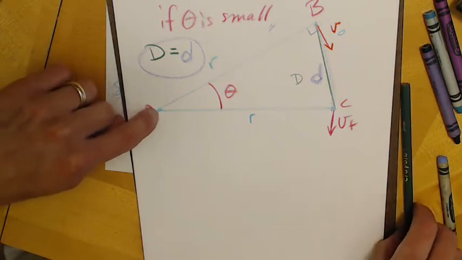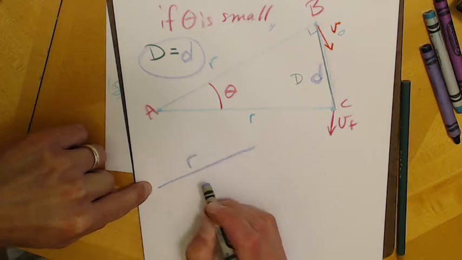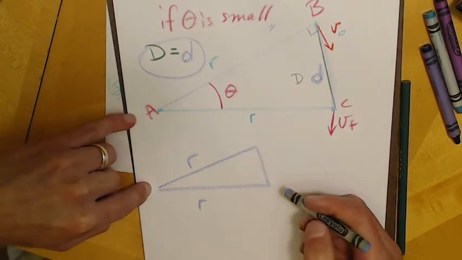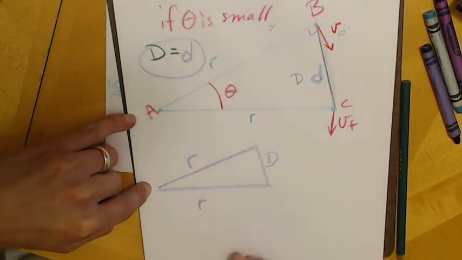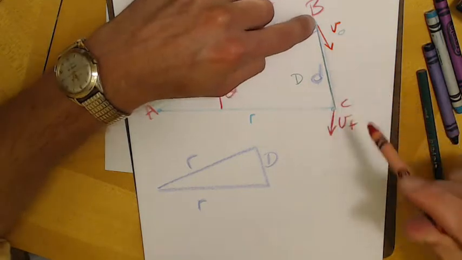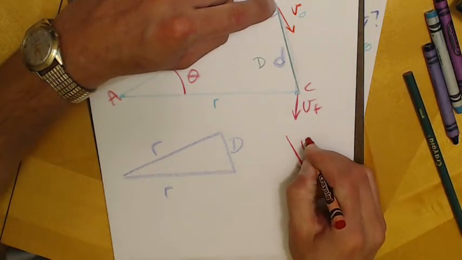Let me draw this triangle out. I have this triangle, R, R, and that length we'll call capital D. And then I have this other triangle here. My velocity was originally going this way, that's V initial.